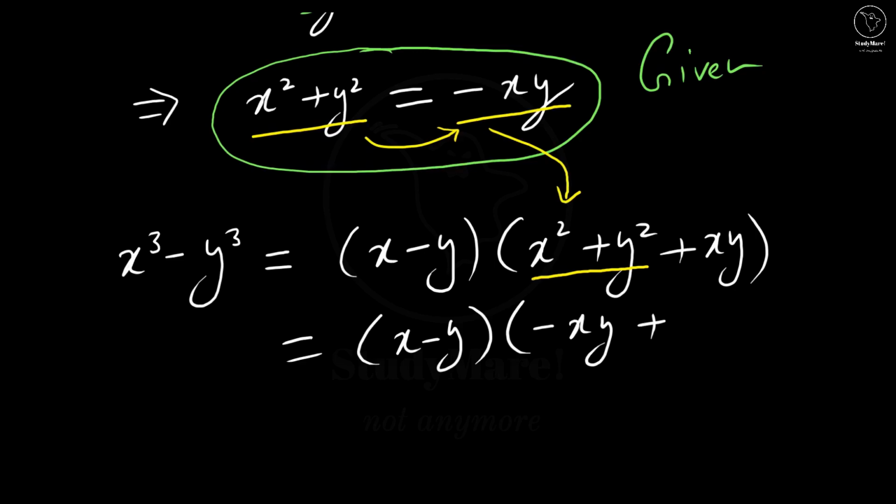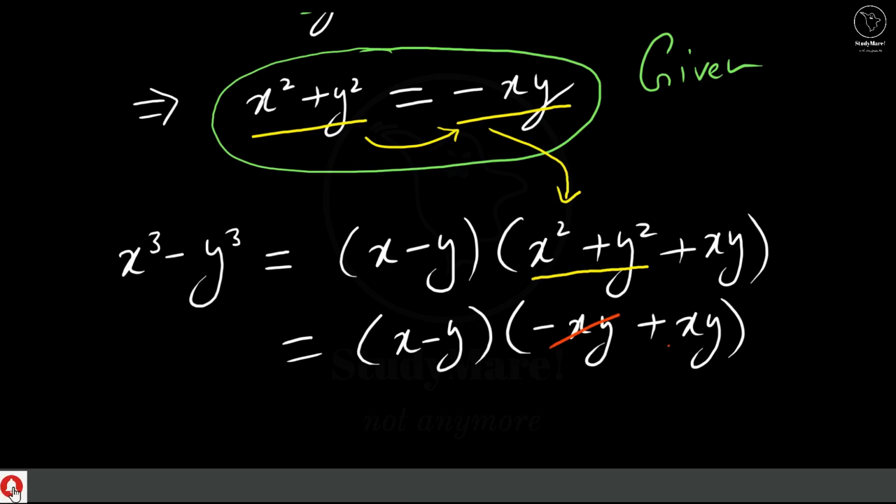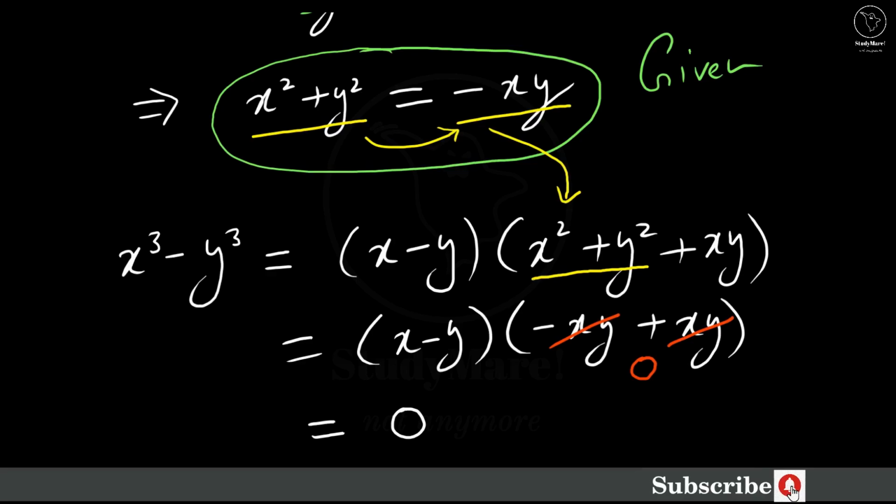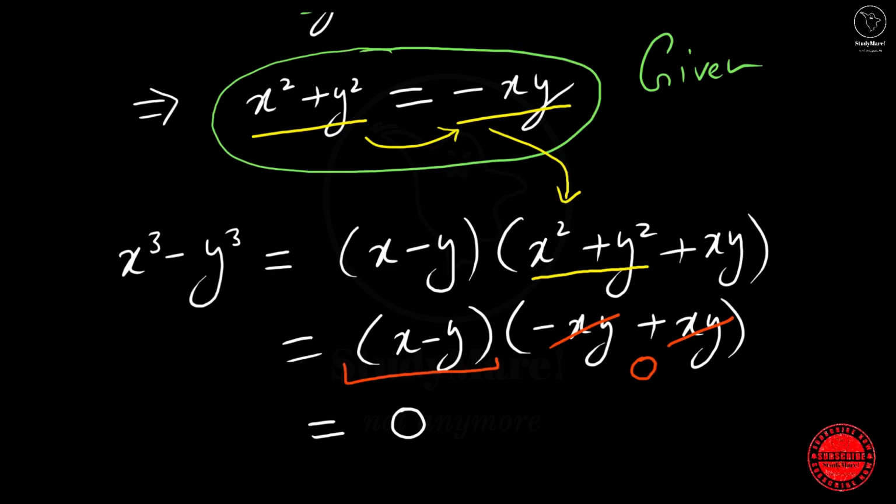We already have plus xy over here. So now this minus xy cancels plus xy, thus giving us a 0. And any number multiplied by 0 gives us 0, because here we have x minus y, which gets multiplied with 0, and we get the answer as 0.